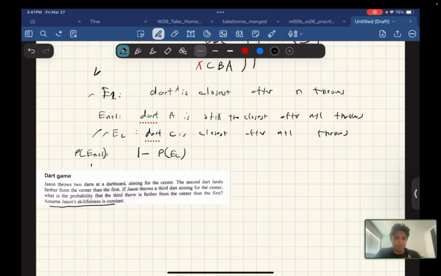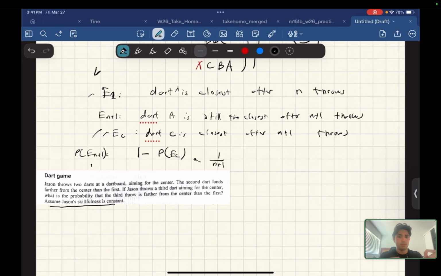So the chance that the n+1 throw is the closest one after n+1 throws, or dart C is the closest one after n+1 throws, is 1 out of n+1. Again, for the 5 throw example, the chance that the 4th throw is the best is 1 out of 5.